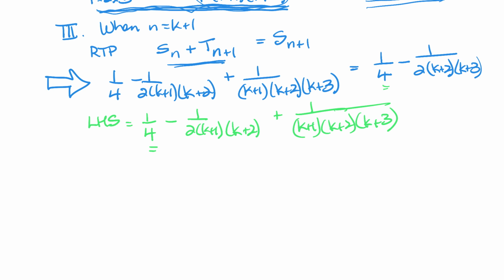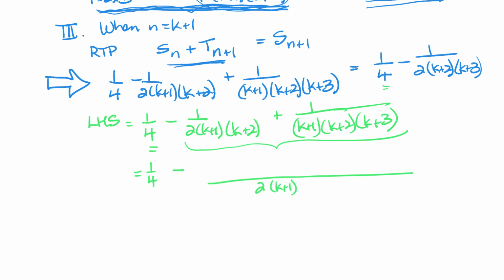So really I'm focusing on the bit to come. But I'll try to keep writing the quarter so I don't lose it. And I'm going to add these two fractions together. And like every fraction sum, I'm going to do that by getting a common denominator. So something that all of this stuff will divide into. So that would be 2 times k plus 1, k plus 2, k plus 3.